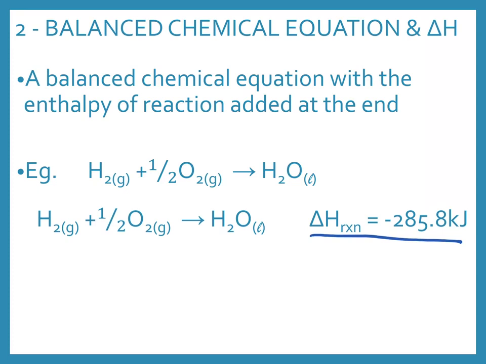If you remember earlier on, when we looked at the bonds breaking and bonds forming, the delta H for an endothermic reaction was positive, and it was negative for an exothermic reaction. In this case, because we have a negative here, we know that it is an exothermic reaction. So if we were asked to write this as a thermochemical equation, then we would be writing plus 285.8 on the product side.